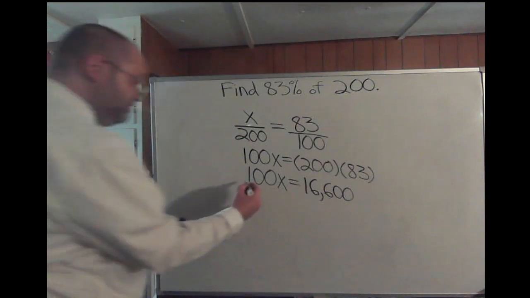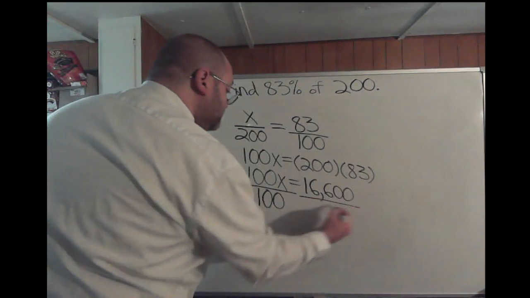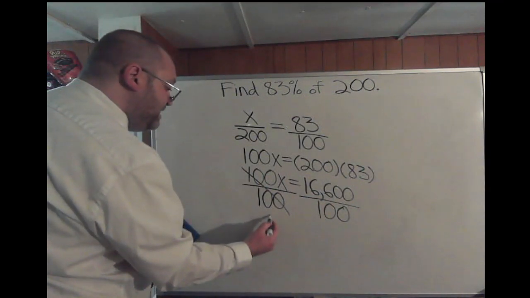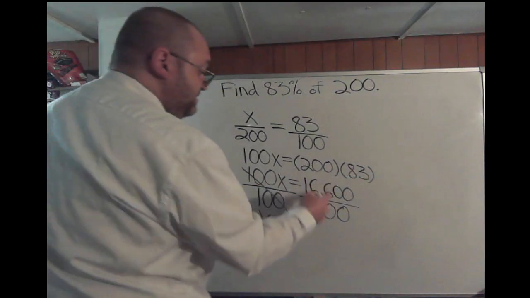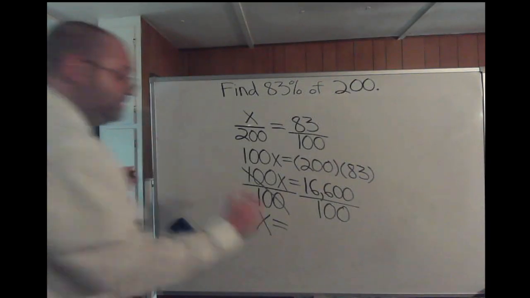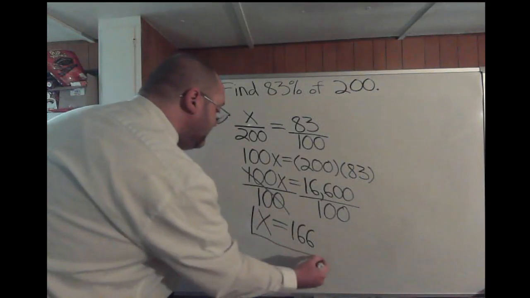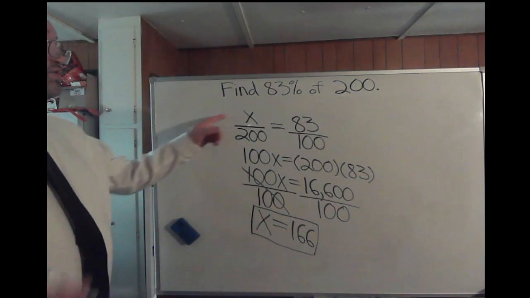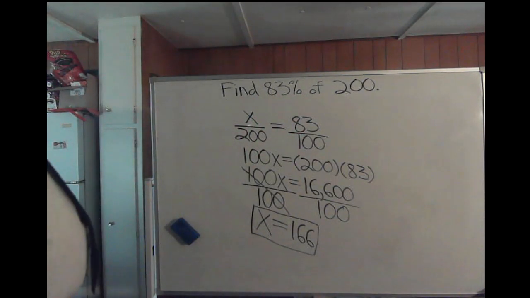We need to divide both sides by 100 to get the x. The 100 on the left-hand side cancels out, and you're just left with x, equal to 16,600 divided by 100, which is 166. So x is equal to 166. That means that 166 is 83% of 200.